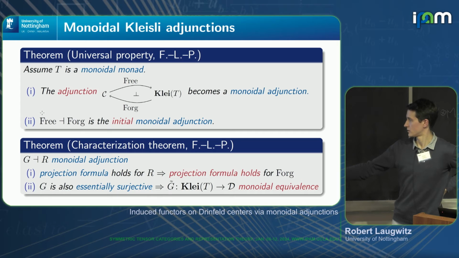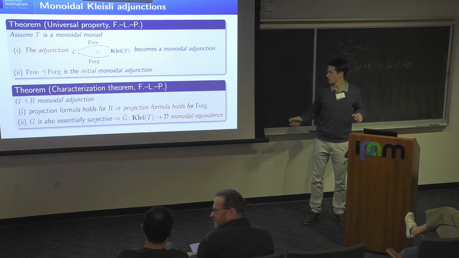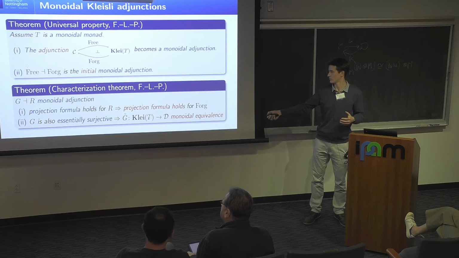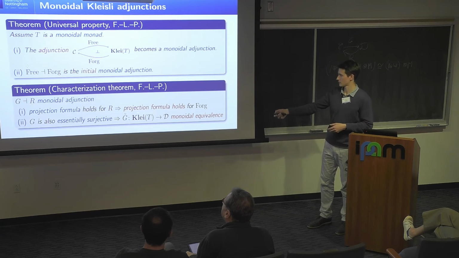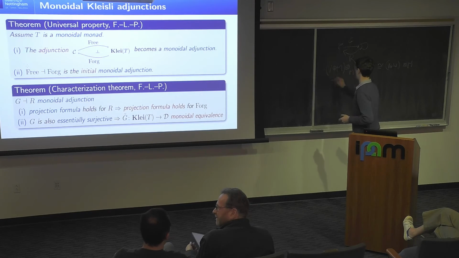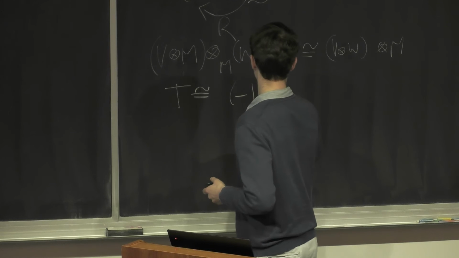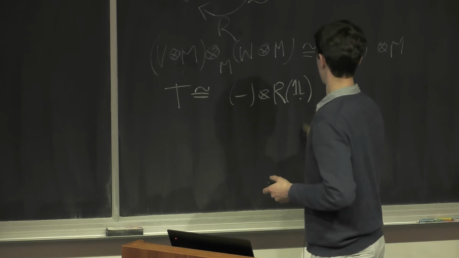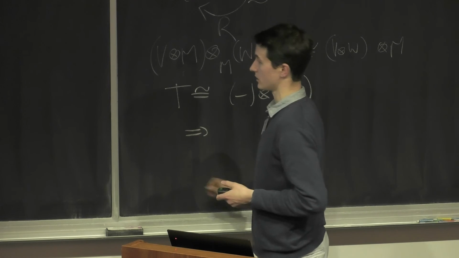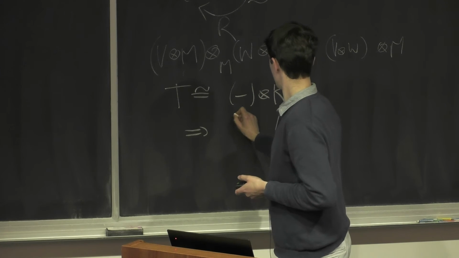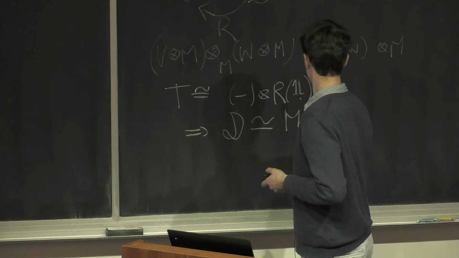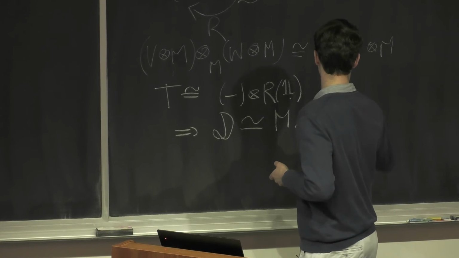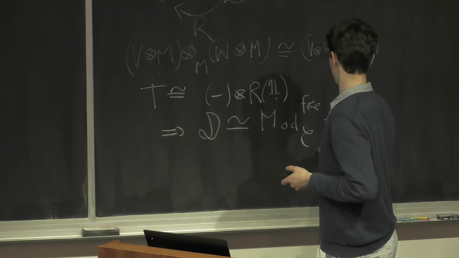So under the assumption of the projection formula, if we also have an essentially surjective functor G, then your category is already equivalent to a Kleisli category, which is something like free modules over R1, in fact. Because the other result said that the monad T is actually isomorphic to tensoring with R1, an interpretation of this equivalence is that under the assumption of G being essentially surjective, the category D becomes equivalent to something like free modules over R1 inside of C.